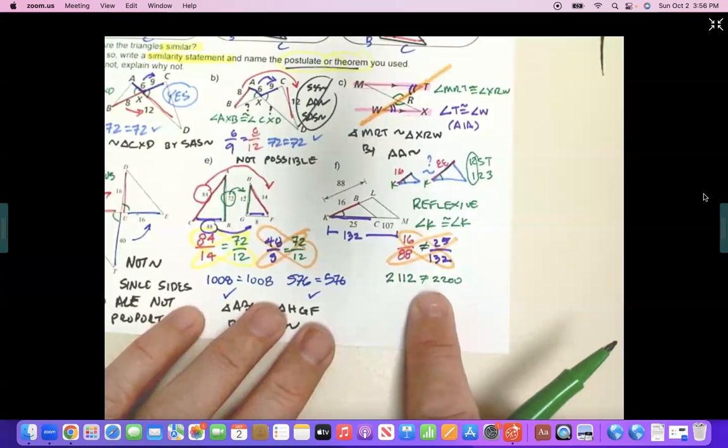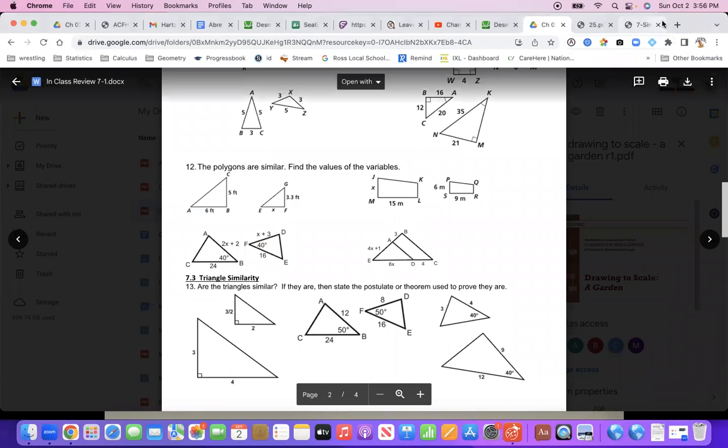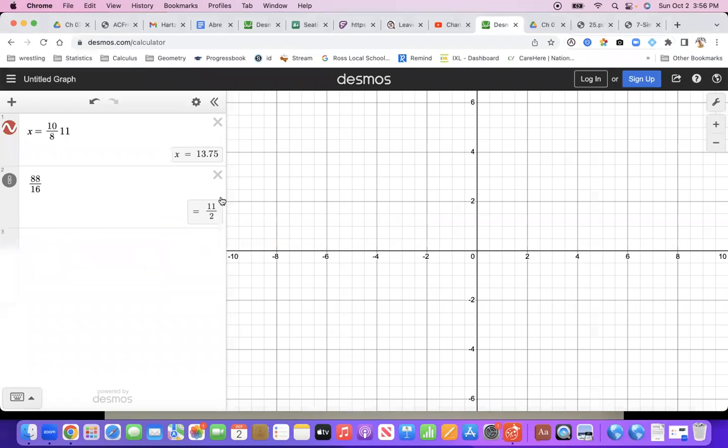Now I do want to show you another way that this also could be done. Rather than our cross products, using Desmos in a quite easy way. So one thing you can do is you can enter in 16 divided by 88, that fraction, and you'll see that that gives us this decimal of 0.18181818.